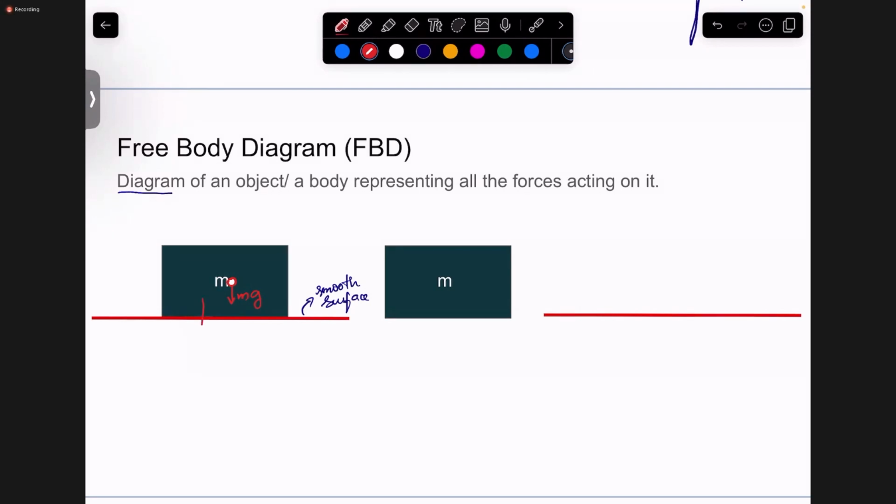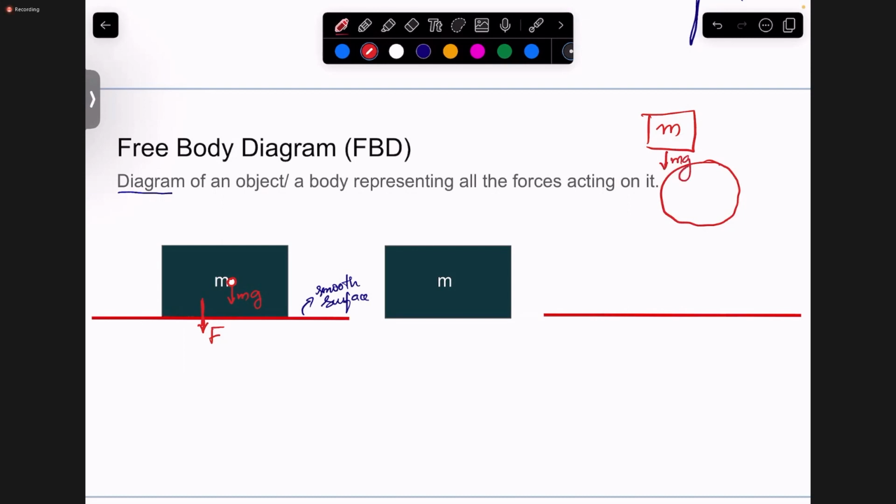and when you keep this body on a surface, suddenly a force comes into the picture. Let's call that force N, or we can take it as F for now. What I was saying is, any block of mass m in the vicinity of Earth, in the Earth's atmosphere, or on the Earth's surface, will always experience a force mg.